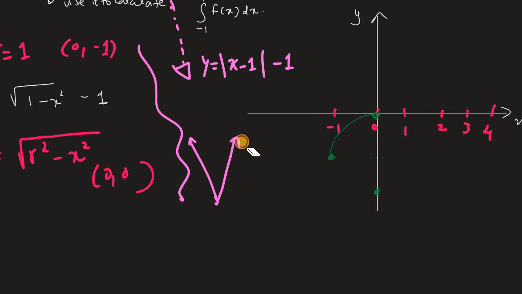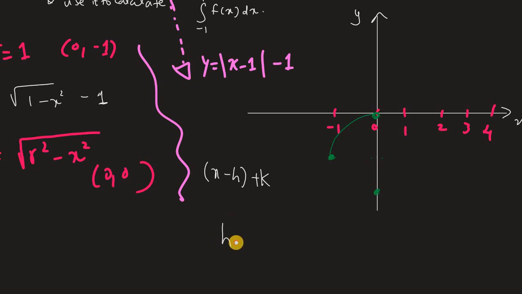So the vertex is like a center, like we had a center for the semicircle. Here the equation is gonna be like the absolute value of x minus h, plus k, and this is the center of the equation. So this is -h, which means this is already a negative over here.